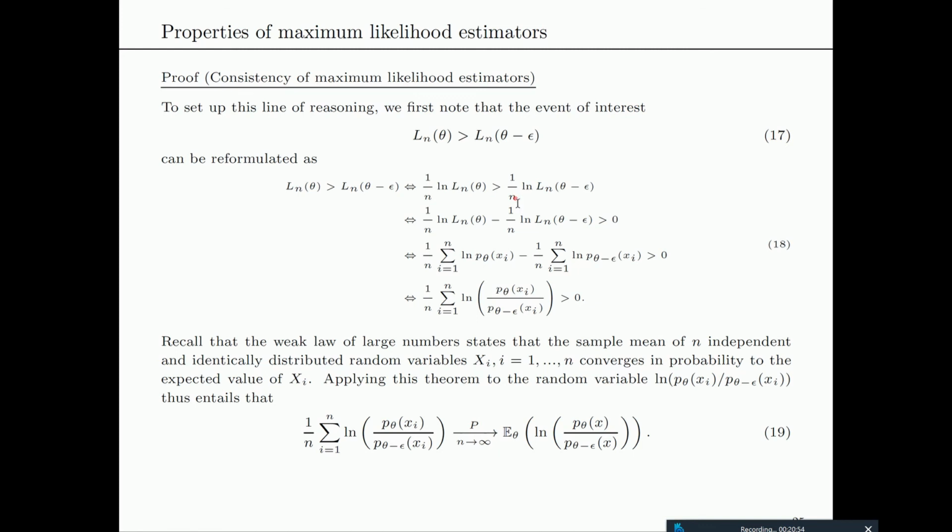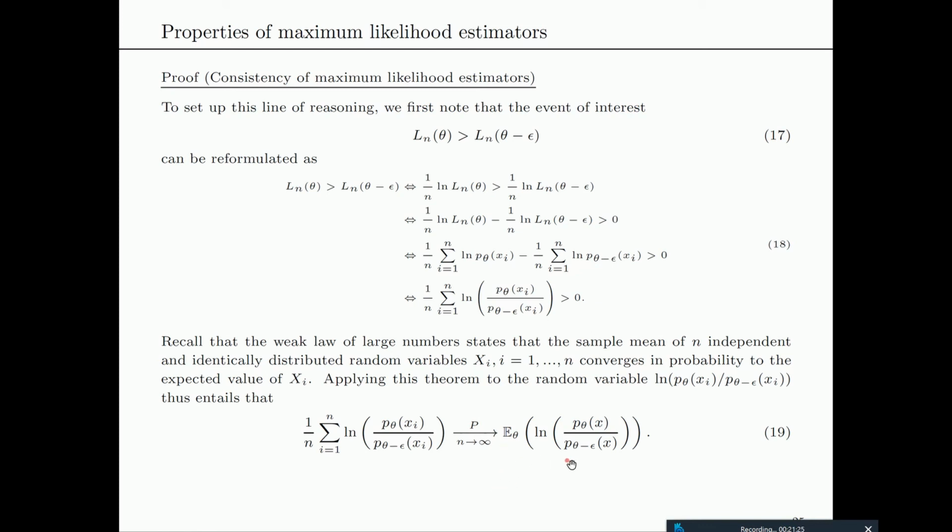So why do we use the 1 over n? Of course, we're doing it so that we can apply the weak law of large numbers, because the weak law of large numbers is about sample means. If you sum up things and divide by the number of terms that you sum up, this converges in probability to the expectation.